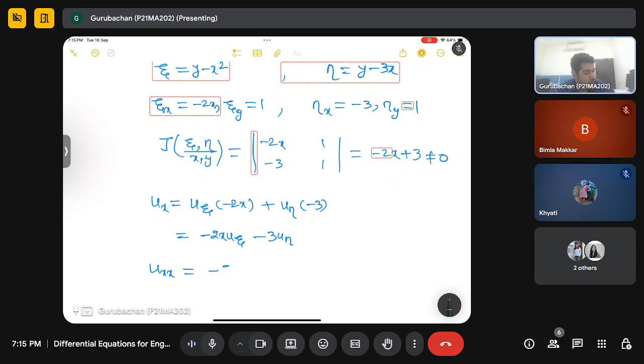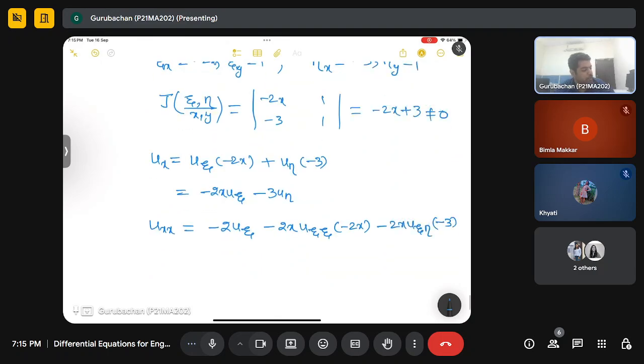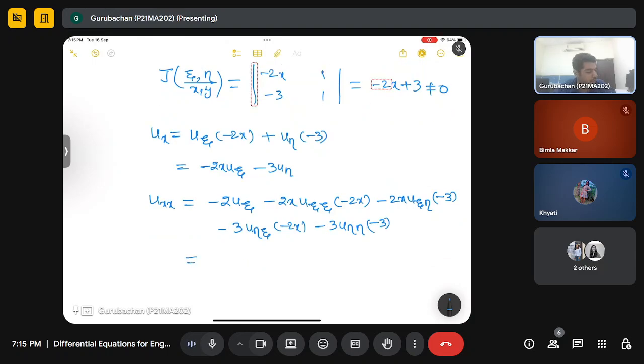First will be minus 2 times u xi, then minus 2x times u xi xi and xi x, that is minus 2x, plus minus 2x u xi eta and eta x is minus 3. Next is minus 3 times u eta xi, and xi x is minus 2x. Next is minus 3 times u eta eta, and eta x is minus 3.